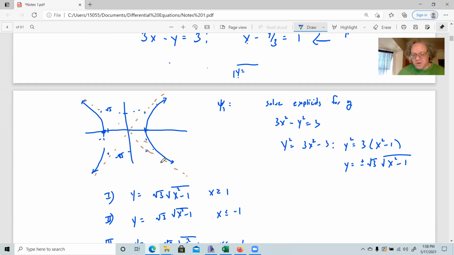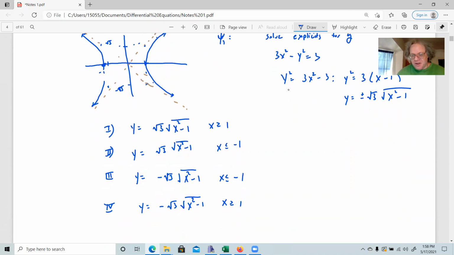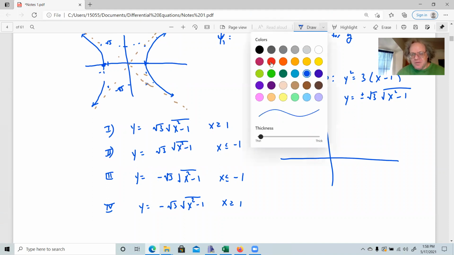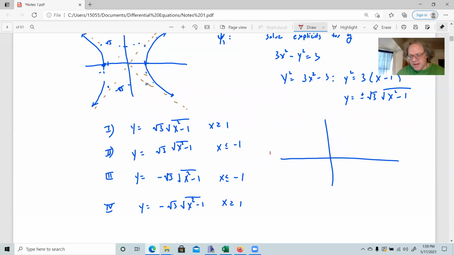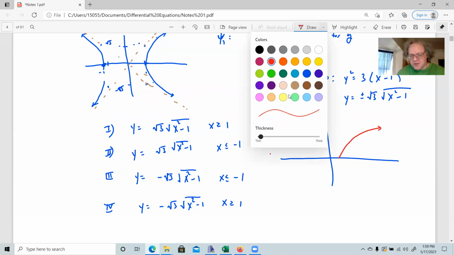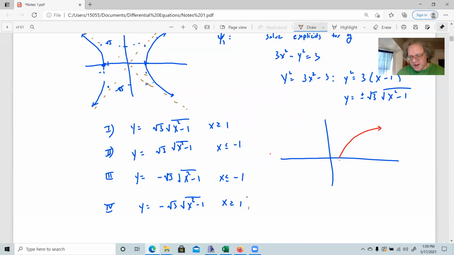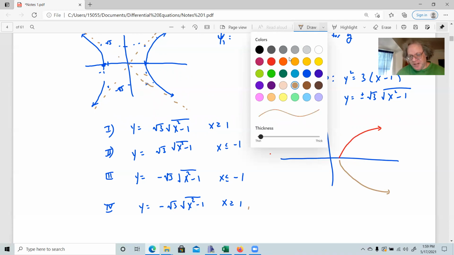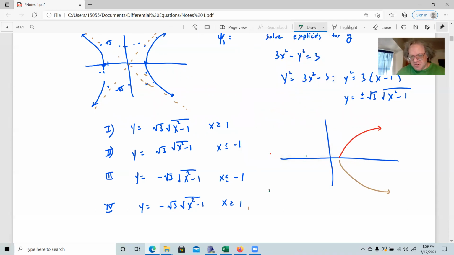So you really have something that looks more like this, right? You've got a solution over here. That's one possibility. You've got a solution over here. That's another possibility. We wanted to make sure that we could take derivatives, so we'll go ahead and do over here.